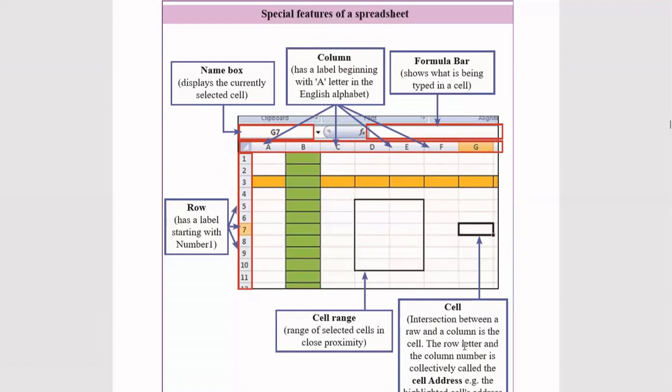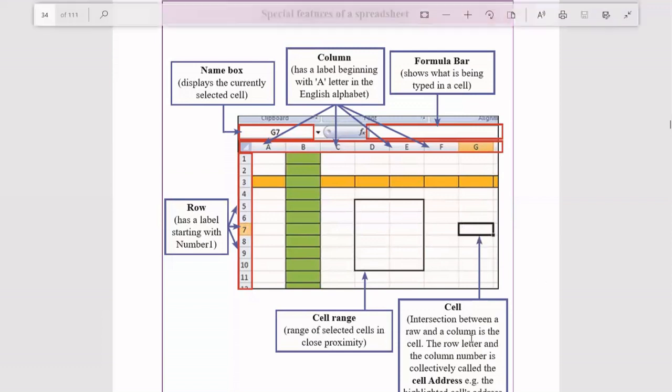No, the row number and the column letter. We call it a cell address. For example, this particular cell they have highlighted. We can say G is the column and the row is 7, G7. It's the cell address. Understood?